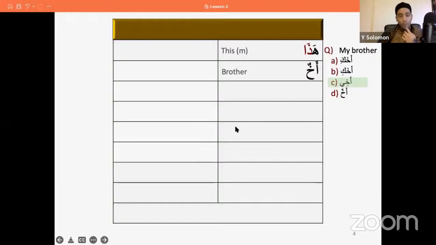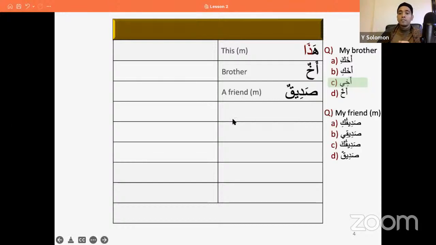Excellent. Then we have the word sadiqun. Sadiqun means a friend, but specifically a male friend. In the Arabic language, we're going to differentiate, and we're going to see the feminine version of all these words later on. Sadiqun, a friend. Okay, how would I say my friend?